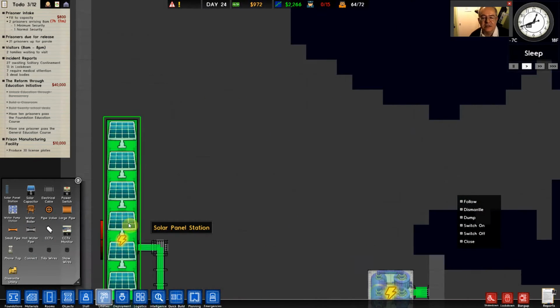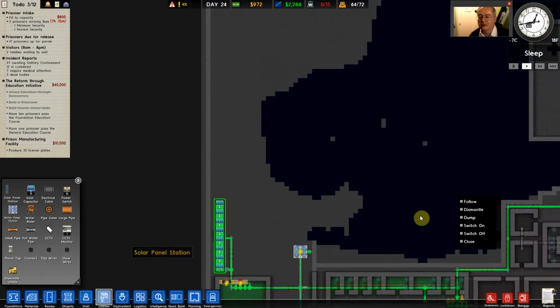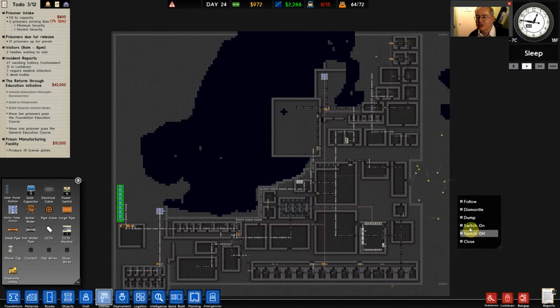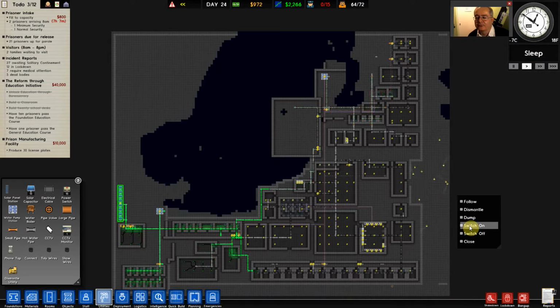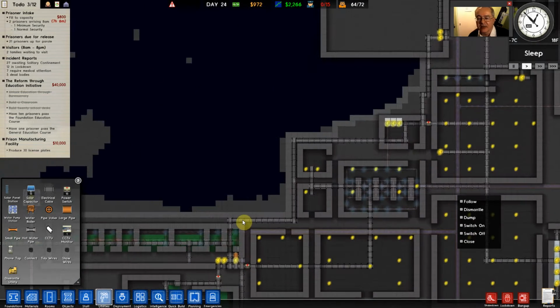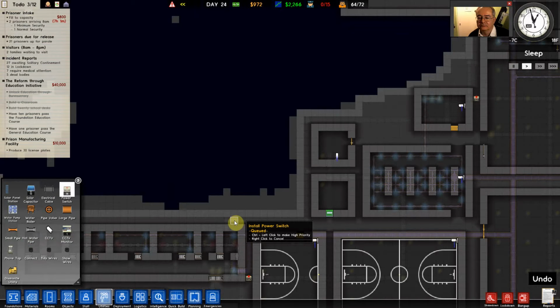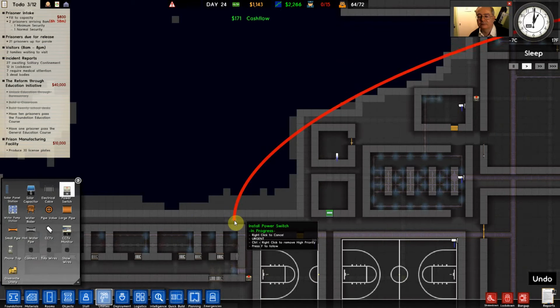How close is it to the limit? Right, so if I can cut off, let's see, all of this section up here. Let's put a switch down here. Control left click to make it high priority.